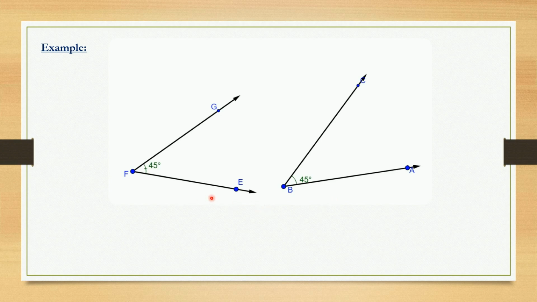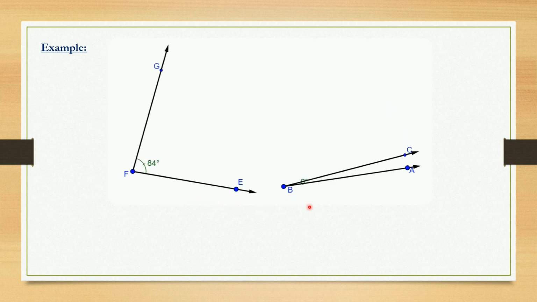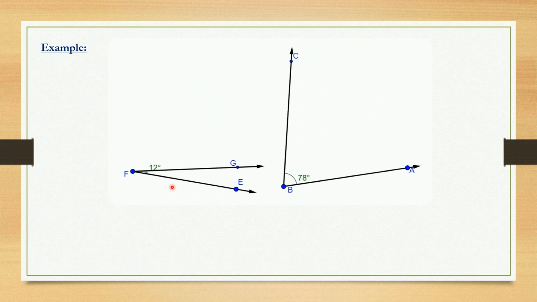So we have a lot of pairs of complementary angles. They must have a sum of 90 degrees when I add both their measures. Here 80 plus 10 equals 90 also.